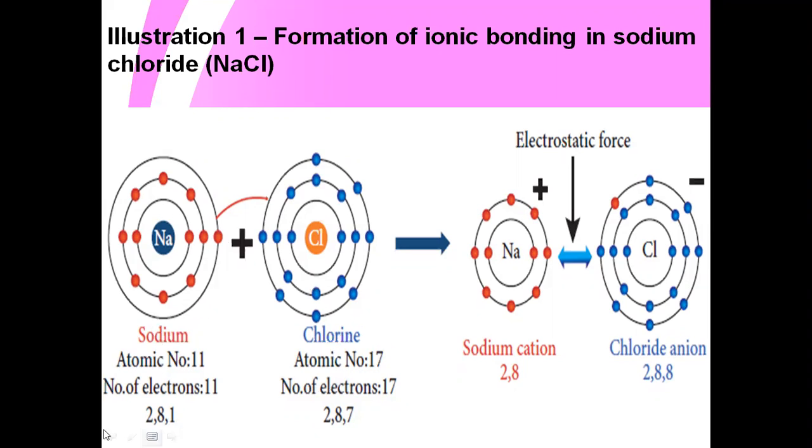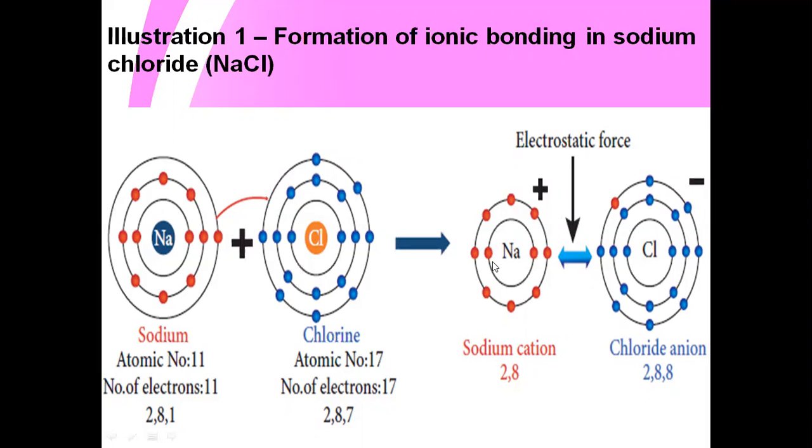So sodium has one excess electron. The sodium loses the one electron, and the chlorine gains that one electron. So both the atoms attain a stable electronic configuration. The one electron is transferred to the chlorine.